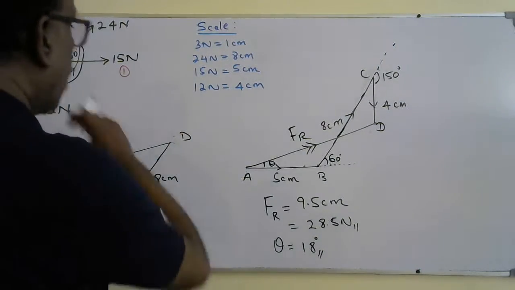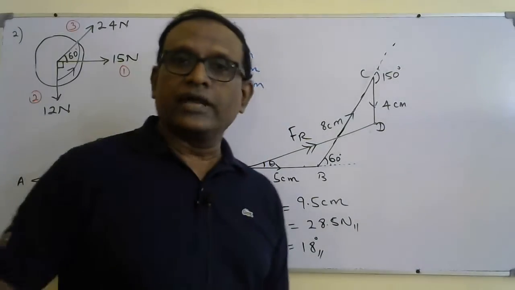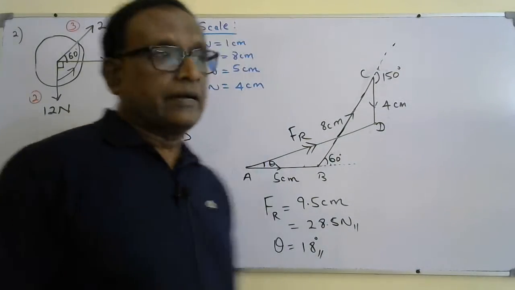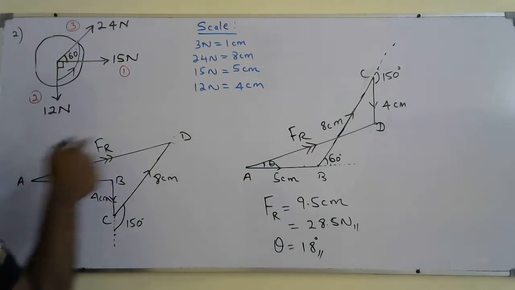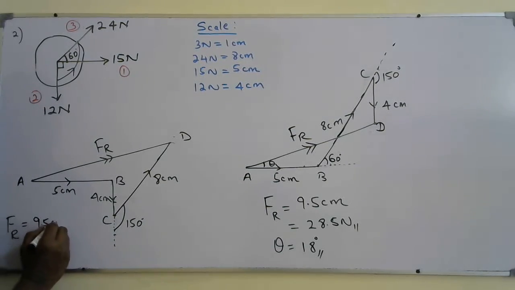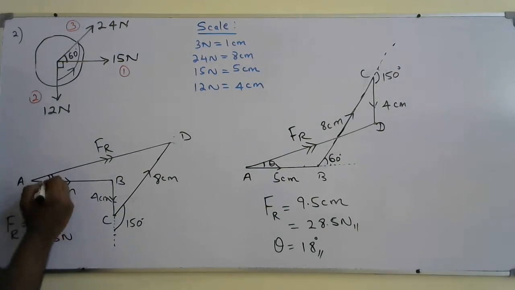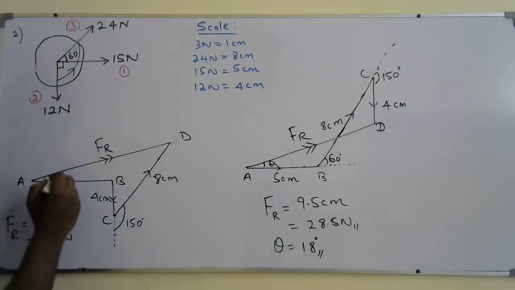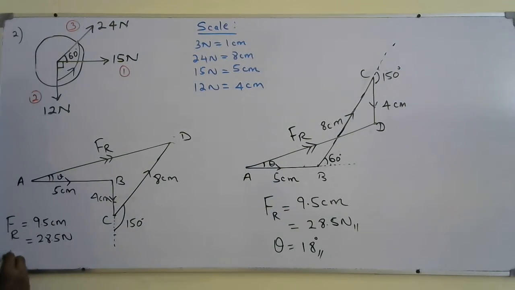When you change the order of drawing the forces, the shape becomes different, but the final answer, the length AD, will be equal to the resultant force Fr. You will get the same as earlier, 9.5 centimeter, that is 28.5 Newton. Measure this angle, same as here, you will get theta equal to 18 degree here also.